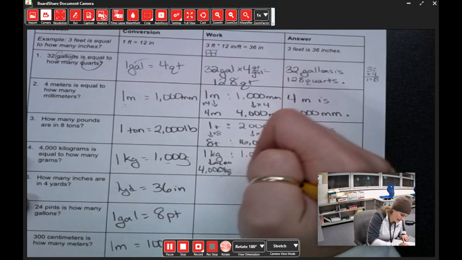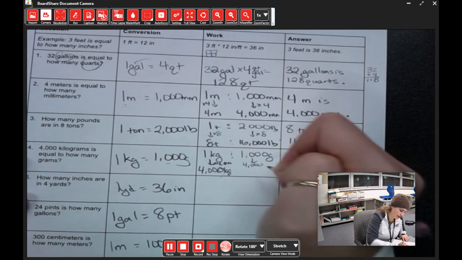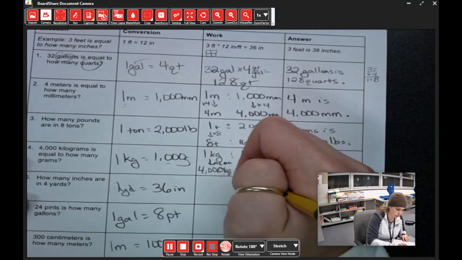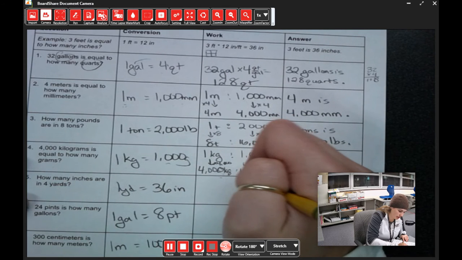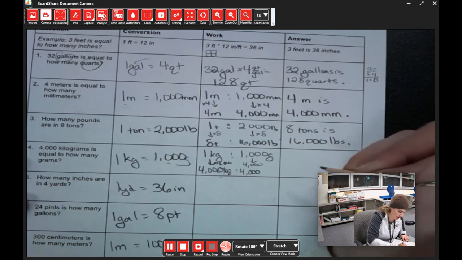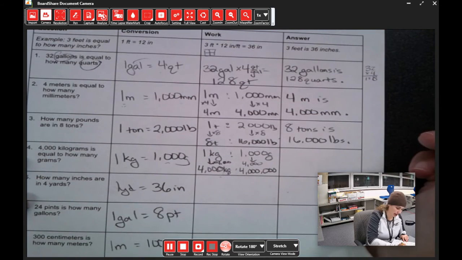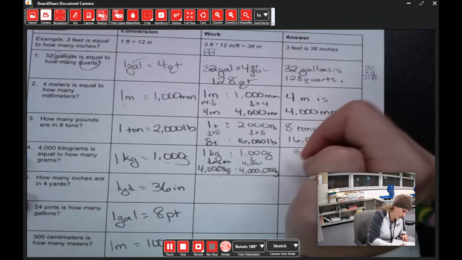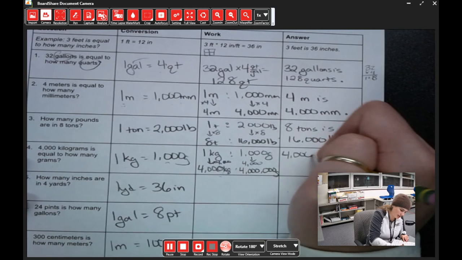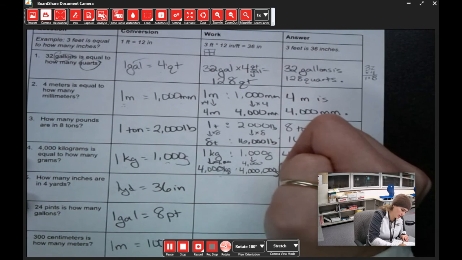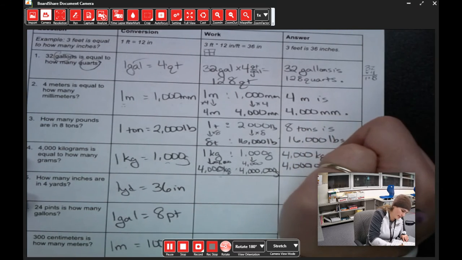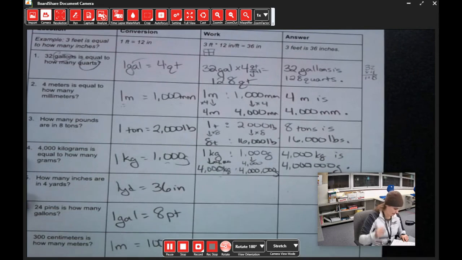So 1,000 times 4,000 is going to be 4,000 with 3 more zeros at the end. 4 million grams. So 4,000 kilograms is 4 million grams, period.